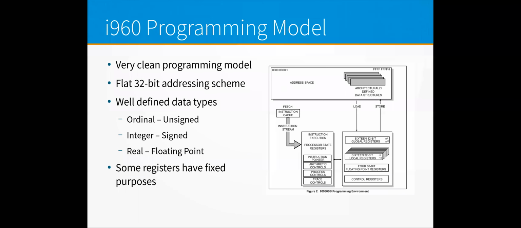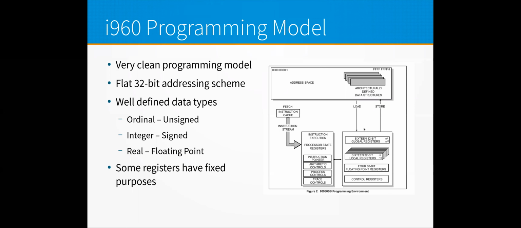So the model of the i960 is really cool. It's very, very simple. On the right over here is the actual model, taken from the data sheet. It's very clean. There's no IO spaces, none of that. You get access to 32 general purpose registers, 16 globals, and 16 local registers. They're all 32 bits wide.